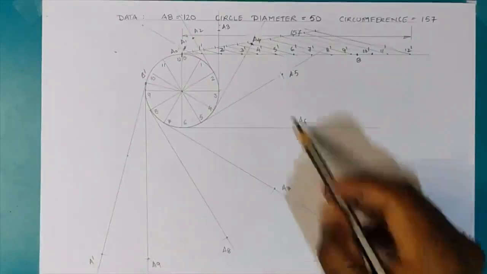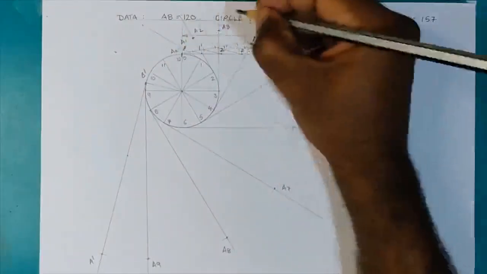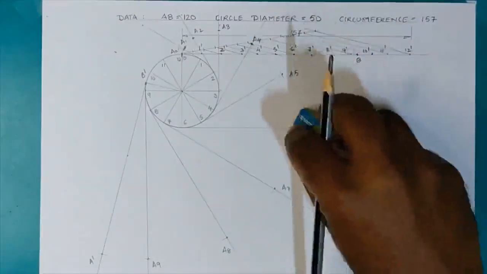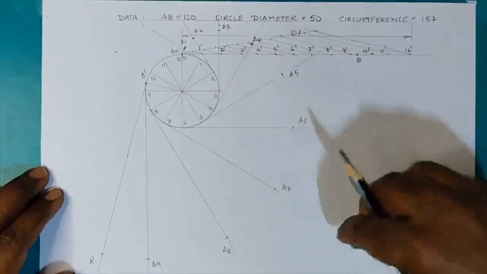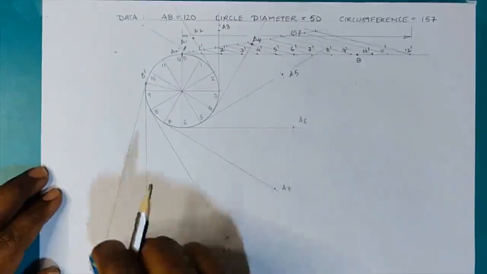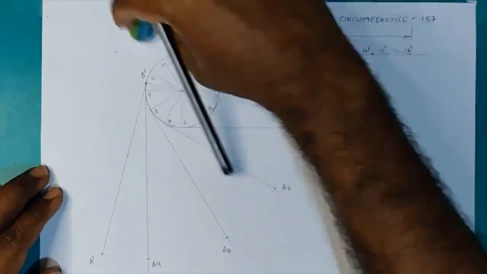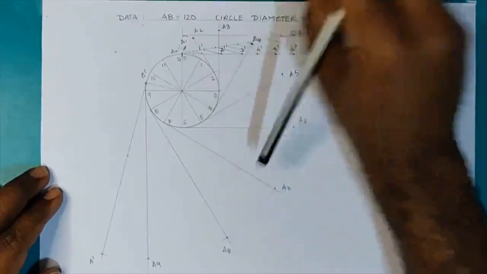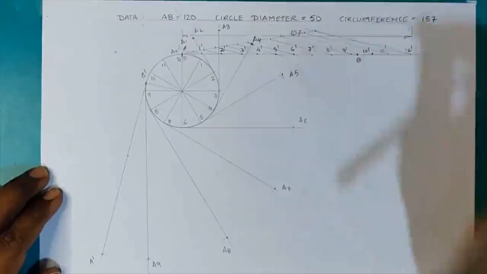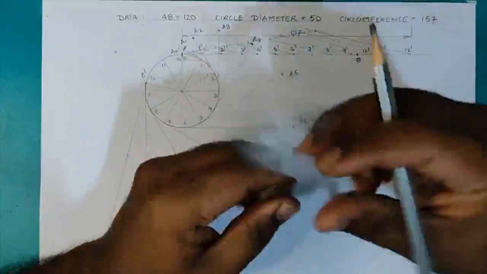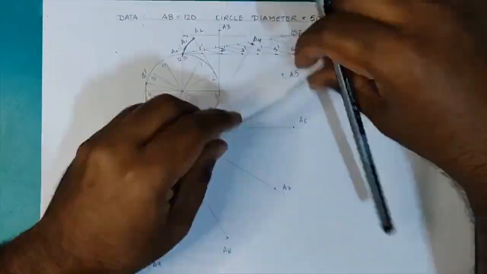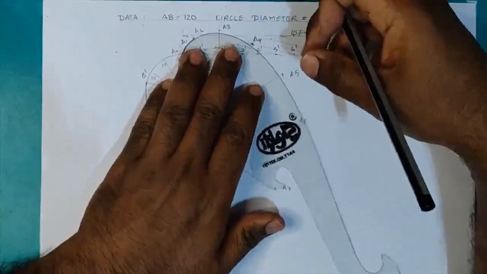So now I have got all the points on the curve, and what I do is join all these points with a smooth curve. But before that, I erase the unnecessary tangent lengths which are not needed. Next, I use a French curve to draw a smooth curve like this through all the points.